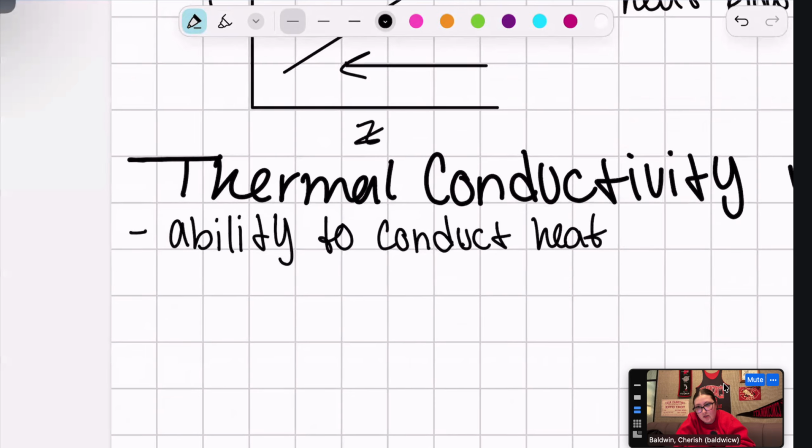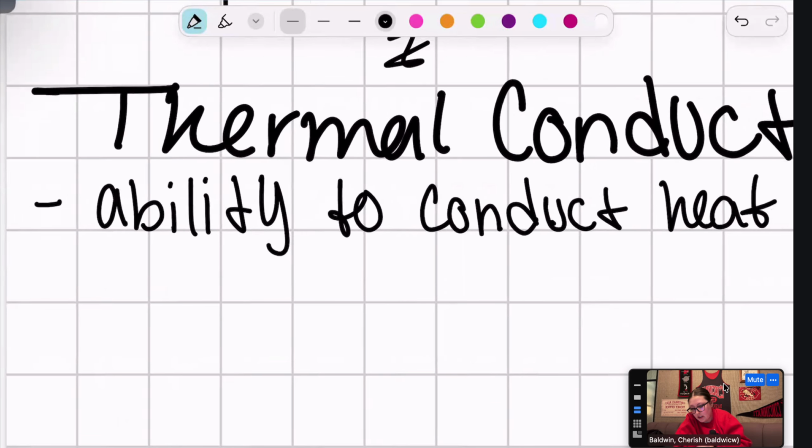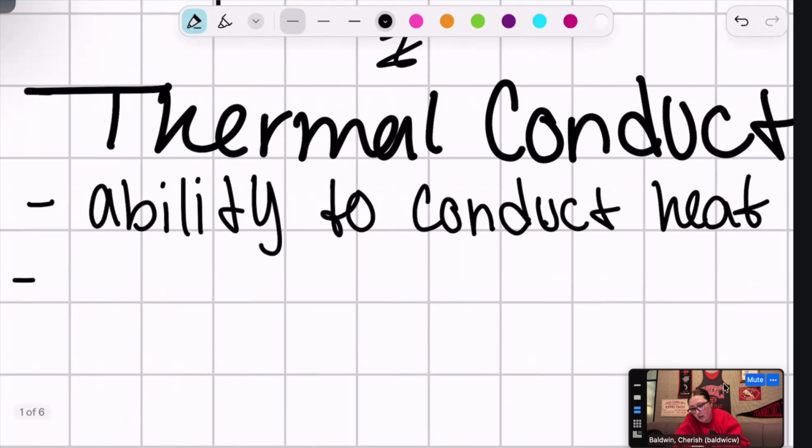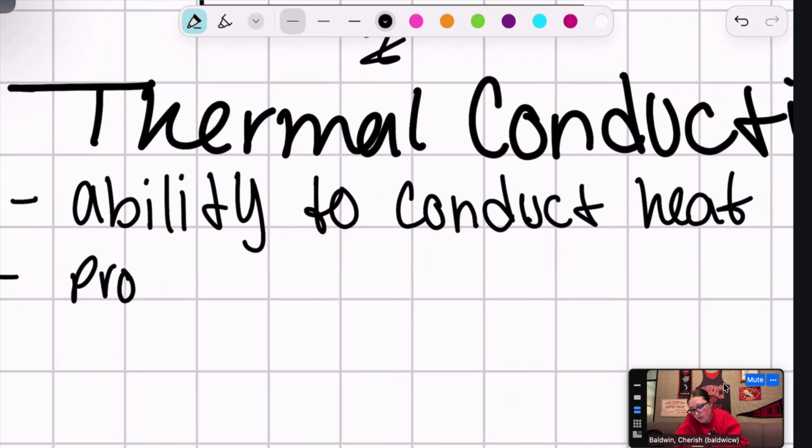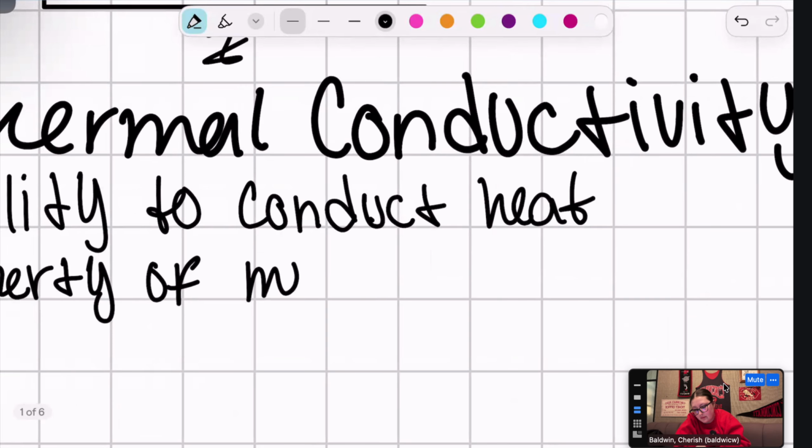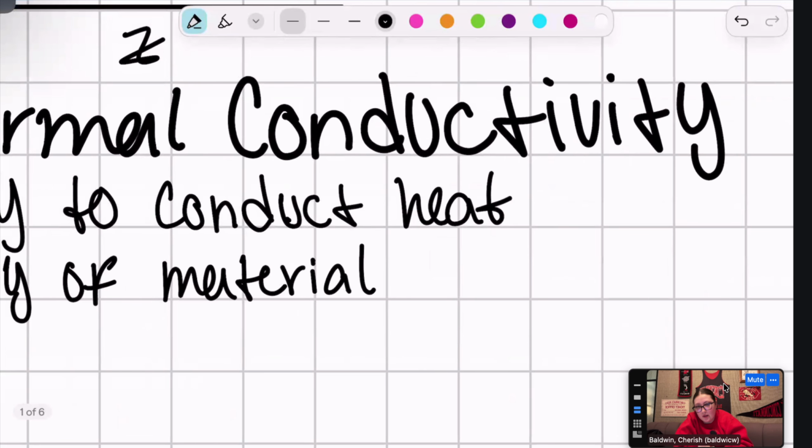The second being, conductivity is a property of the said material. Like metals being able to transfer heat way easier than plastics, and plastics used as insulation, the ability to conduct heat.